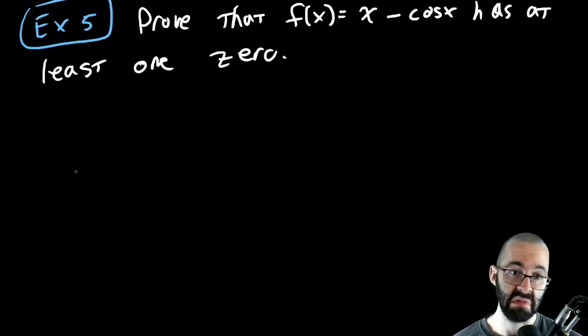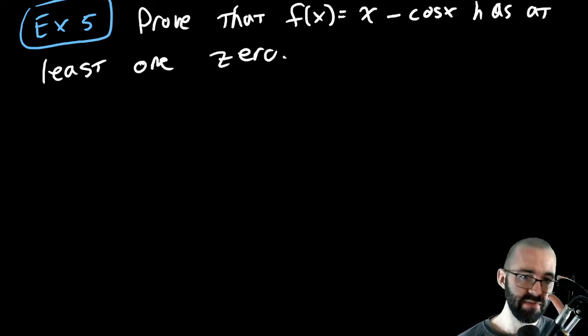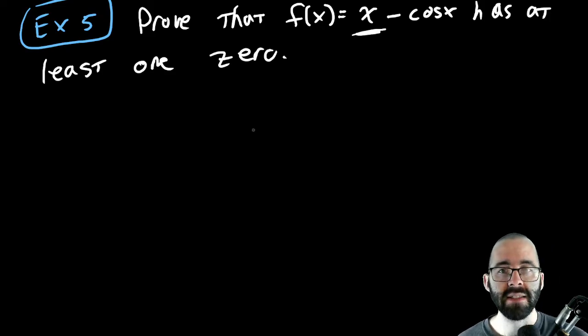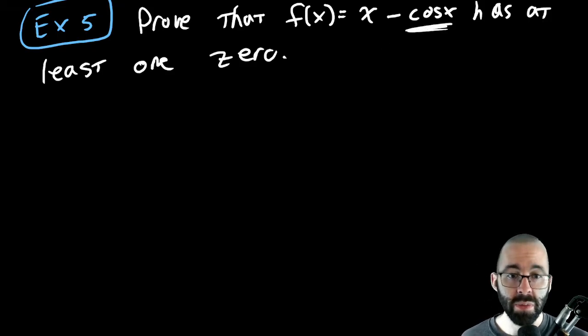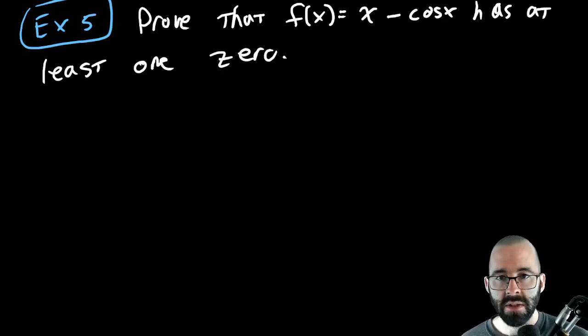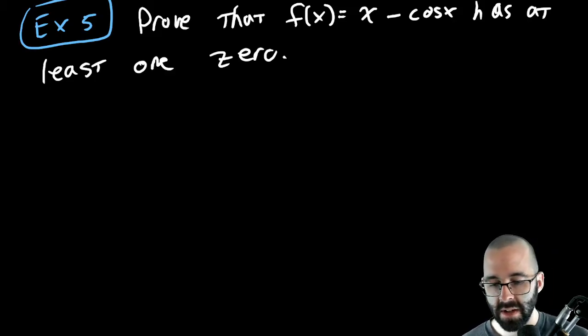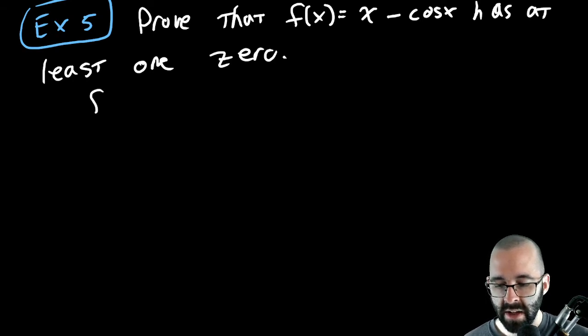Is f continuous? I don't know. Yeah, I do know. X is a polynomial. That's continuous everywhere. Cosine of x is a trig function. We proved that that's continuous everywhere too. So if we subtract two continuous functions, it's going to be continuous everywhere. All right, so that's the first thing that we have to check, right?